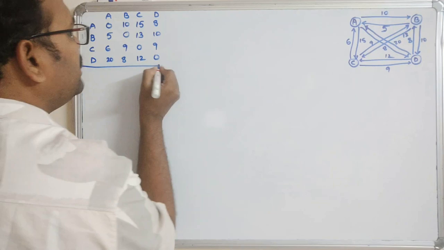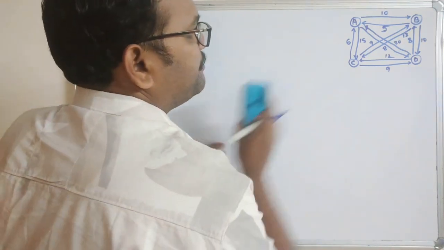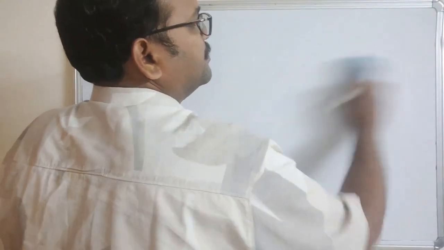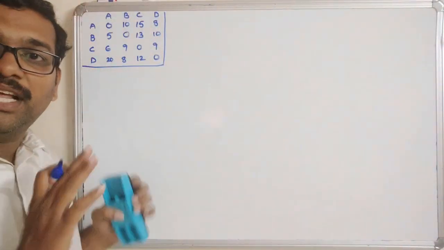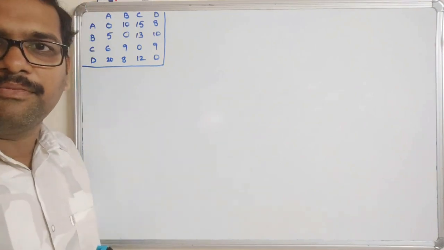So this is the adjacency matrix, which is a weighted directed complete graph.